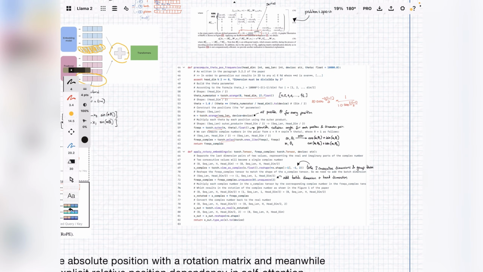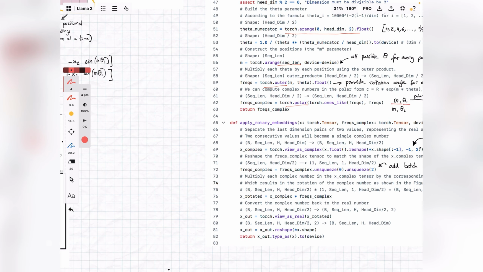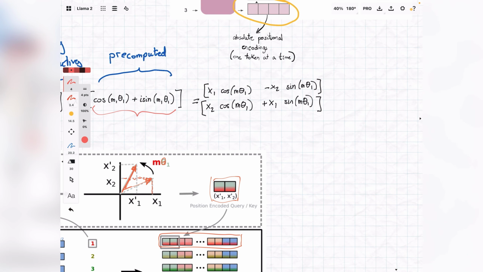If we go back here to the code, we got our m1 theta 1. It got transformed to polar coordinates as so. That's your pre-computed value specifically for the token at the first position for the first pair. We're going to plug that right here, and we're going to multiply. Pretty simple. After all the math, we're going to get something like this.